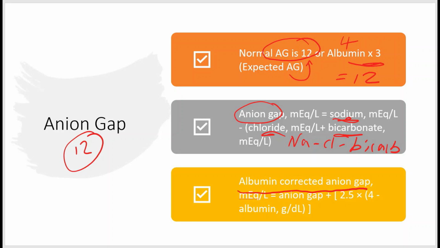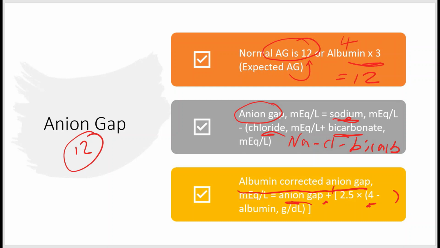To account for that, it's the normal albumin, which is 4, minus the patient's albumin, times 2.5, and you add that to the calculated anion gap, and that gives you a corrected anion gap.